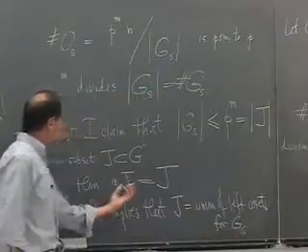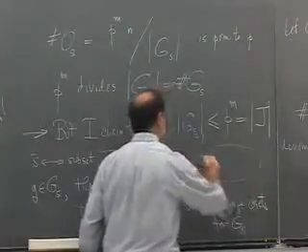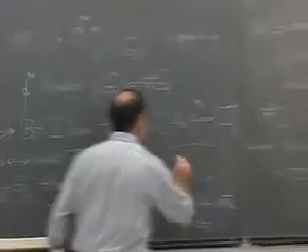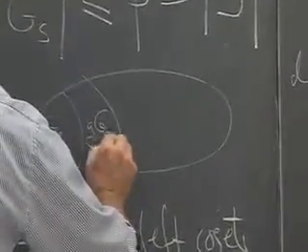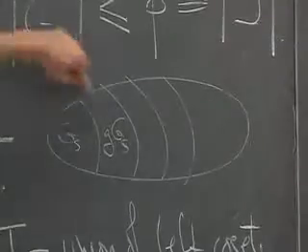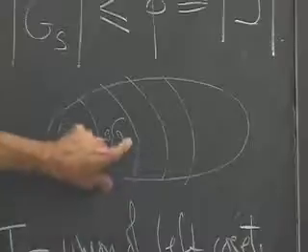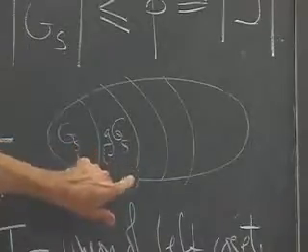Because if you think of the action of G on, here are the cosets of GS. If you have one element in J, then you have all the elements in that coset in J, right?